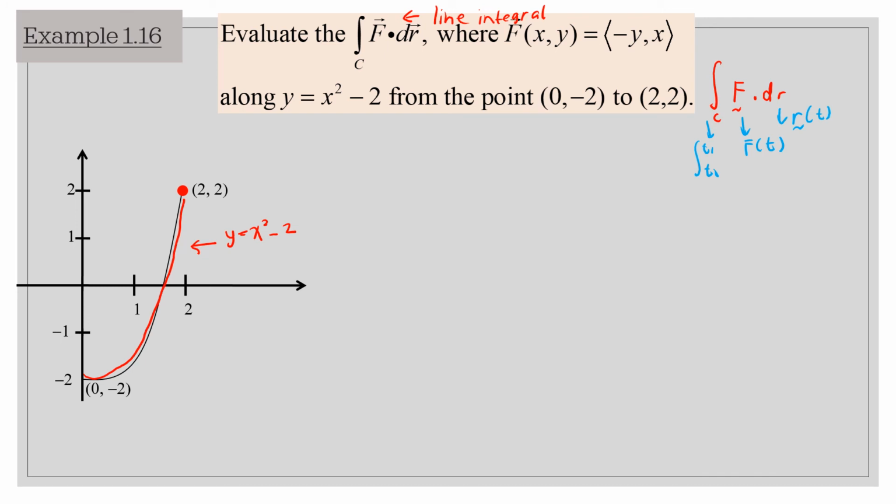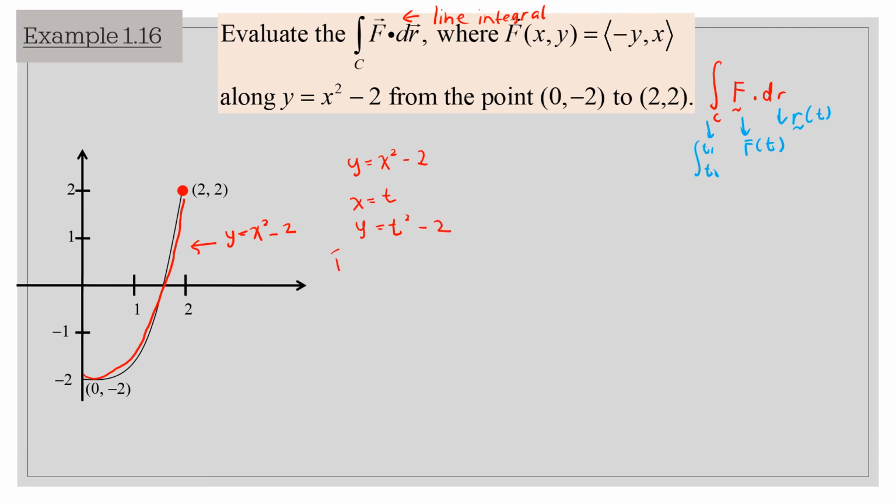Okay. From previous lesson, you have learned about parameterization of the equation. So for this question, you are given y equal to x squared minus 2. So when we parameterize the equation, x equal to t, so y equal to t squared minus 2.